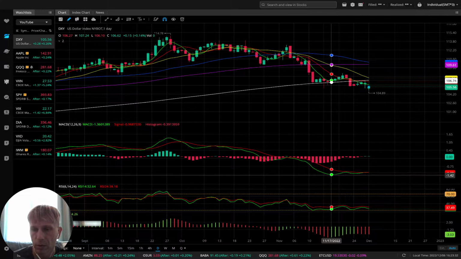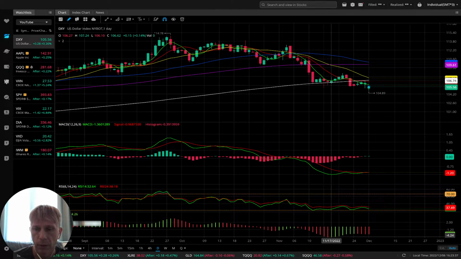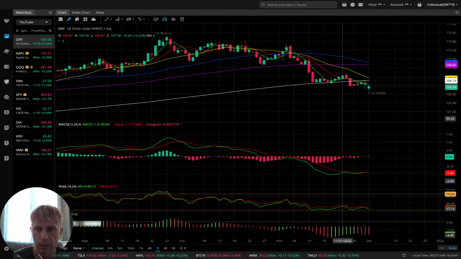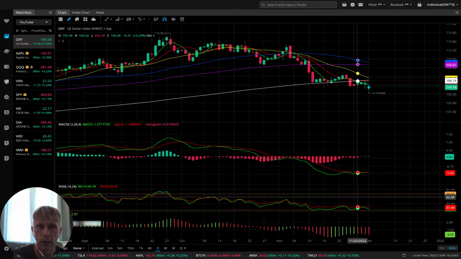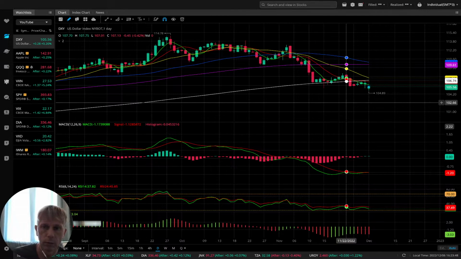It has bullish divergences on all indicators, on RSI, MACD, and also oscillator. Dollar wants to go bullish on daily. It means indexes will go bearish.